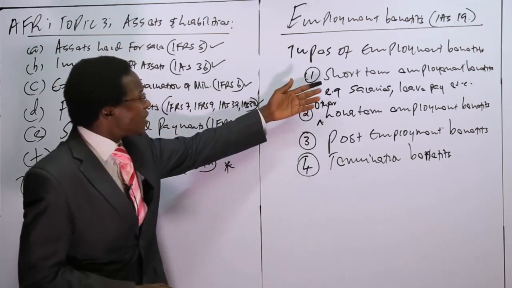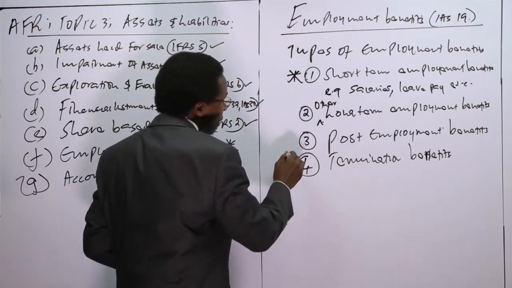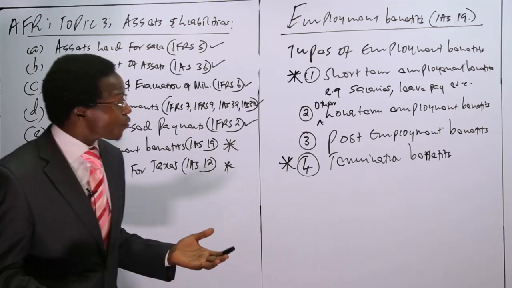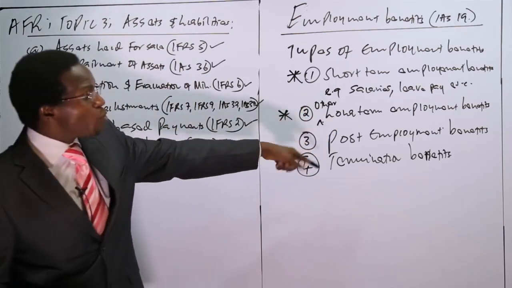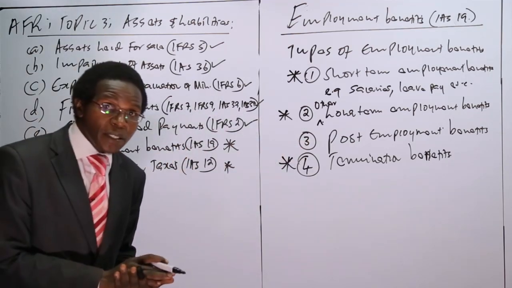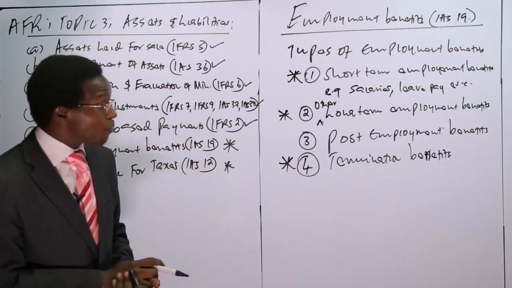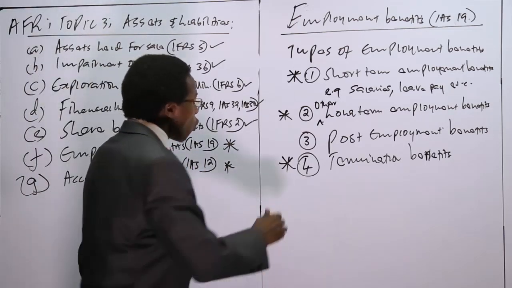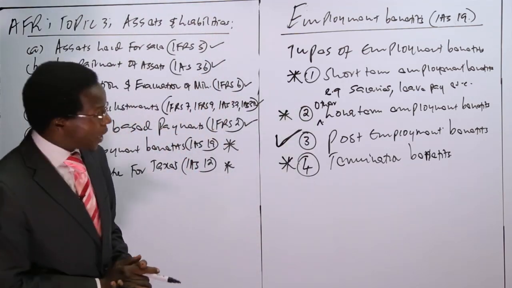These other items, like the short-term items and the termination benefits, are very straightforward to account for. The other long-term employment benefits, friends, can be something like share-based payments, which can be a long-term employment benefit. Fine, no problem. We'll be very much interested in the post-employment benefit.